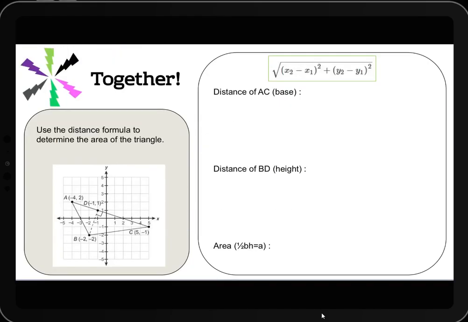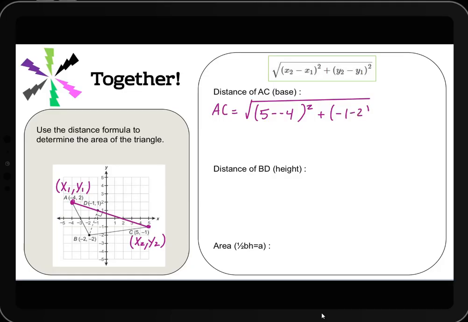So here we're going to calculate AC first, right? From A all the way down to C, we're going to figure out what that length is. I'm going to treat this as x1, y1, and that as x2, y2. So AC, the distance formula tells us the difference of the x coordinates, x2 is 5 minus negative 4 quantity squared, plus y2 is negative 1 minus 2 quantity squared.